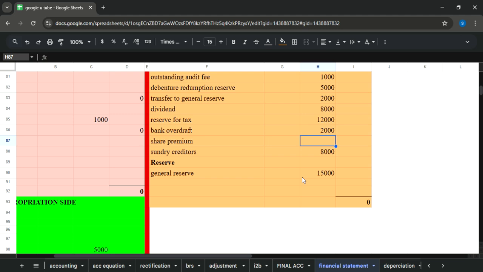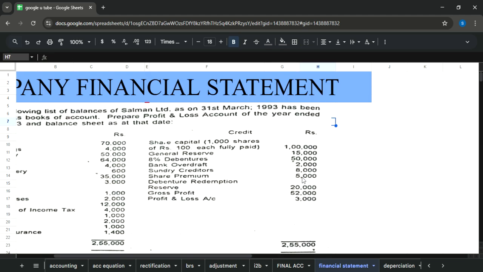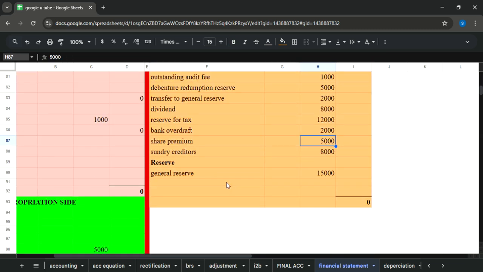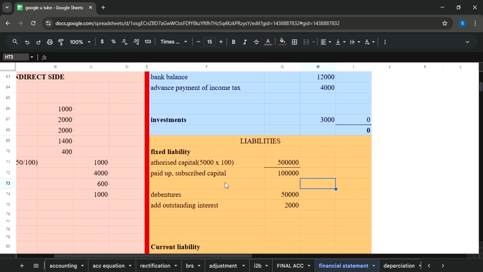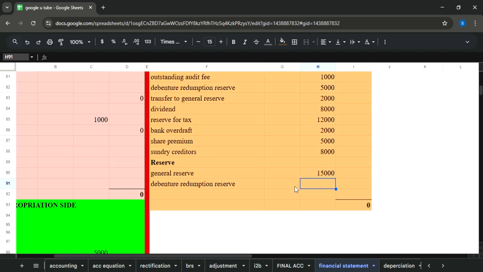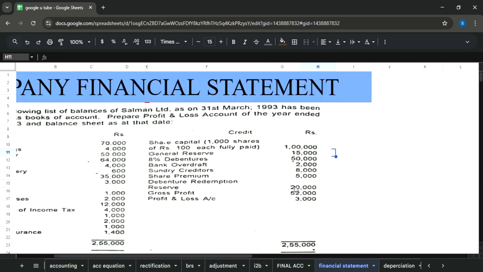So here in current liability side, we will mention the same amount. Debenture redemption reserve: again we'll go to the reserve side, and here debenture redemption reserve would be mentioned, the amount of which is 20,000. Write it down in the reserve side of liability.